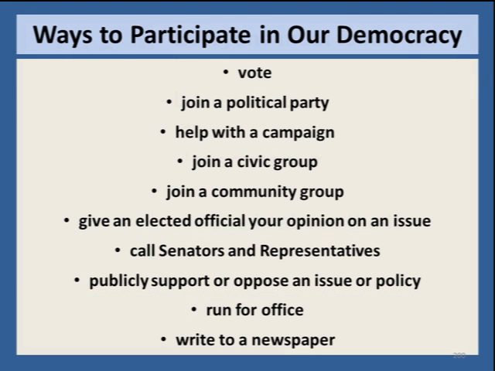As a government of the people, there are many ways a citizen can become involved in their democracy. This participation is so important that many of the activities are protected by the Constitution.